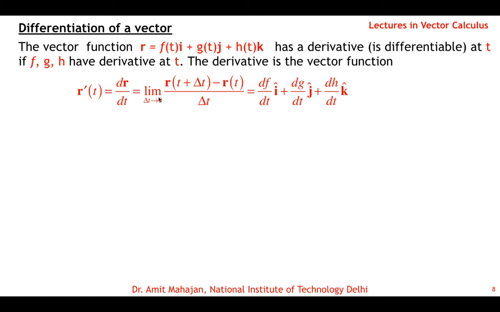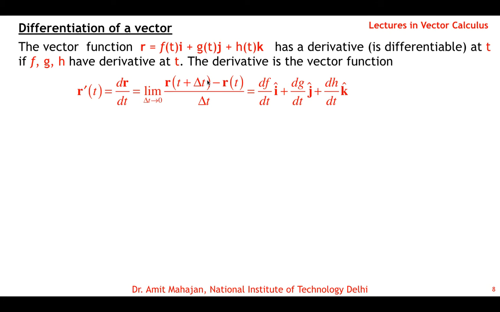This definition is very similar to the definition that we did in differential calculus, and here you can suppose that r is a position vector of a particle moving along some curve in space, and so this numerator is the difference between the position vector at any time t and at time t plus delta t, where delta t is a small change in time.